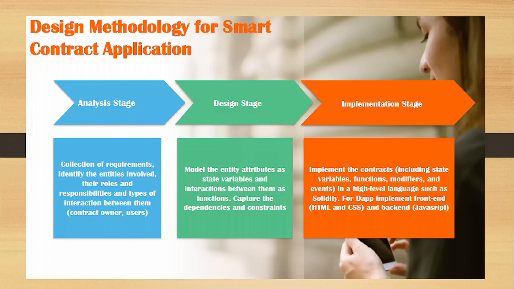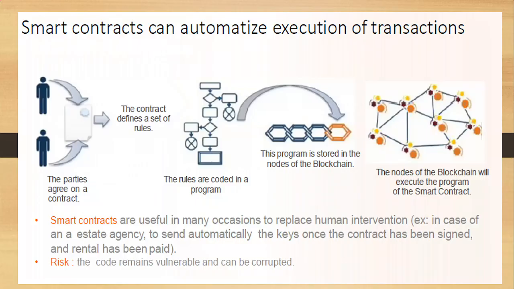Then you can go ahead and implement. So implementation will require you to now start using the software that you have seen within the decentralized applications. So those are the 3 crucial stages that you need to undergo when you're developing a smart contract.